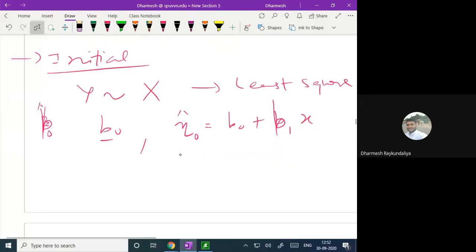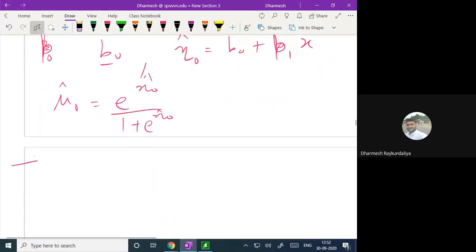Likewise, once you get eta 0, you can calculate mu 0 using this formula. Another way of obtaining the parameter estimates is the iteratively reweighted least squares method, IRLS.